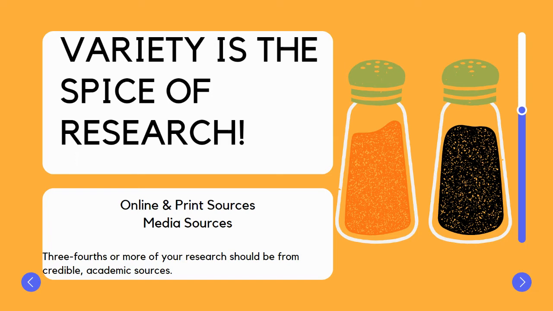And you have to watch out for biases because they do exist, and a lot of people will skew very hard with their biases. So be aware of those and be careful of those. But make sure you have a variety. When you're researching, make sure that 3/4 or more of your research are from credible academic sources. Those are sources that are backed up with not fakes.